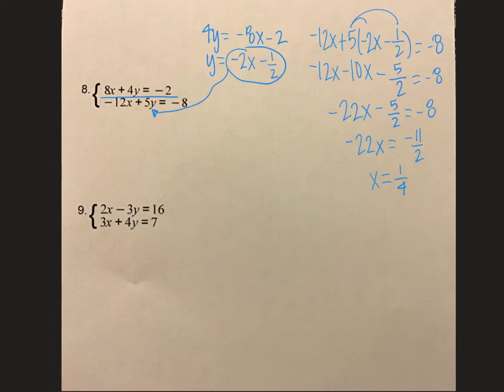And now I'm going to plug that into this equation here where I solved for y, to make it a little bit easier than if I were to plug it into one of my original two. You still can plug it into one of your original two. That's totally your choice. So y equals negative 2 times 1/4 minus 1/2.